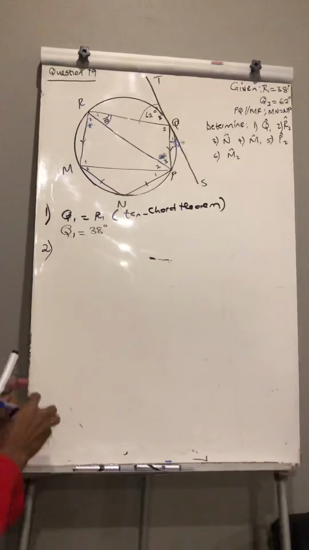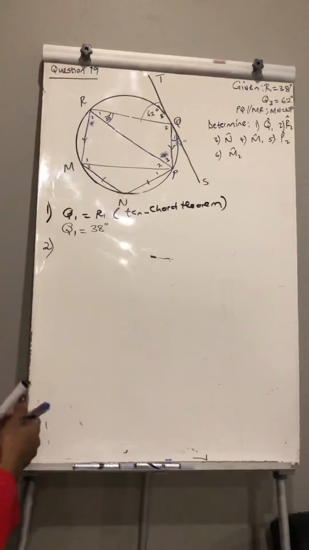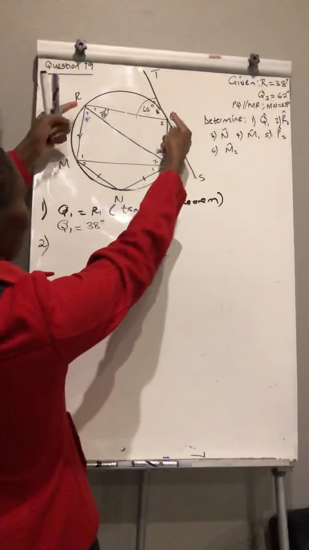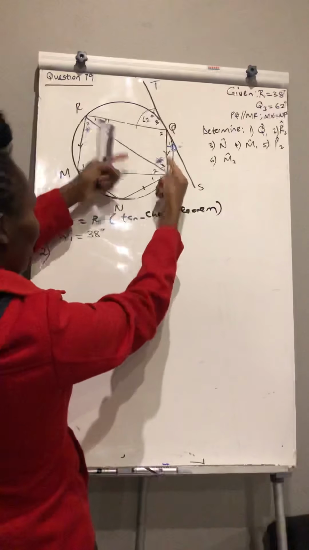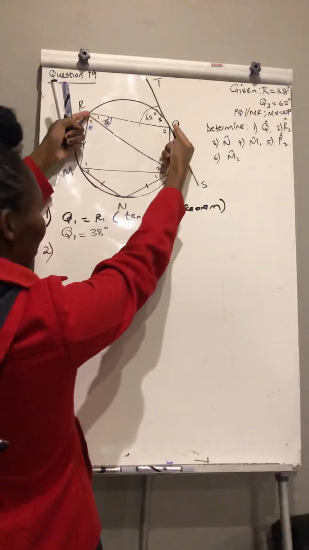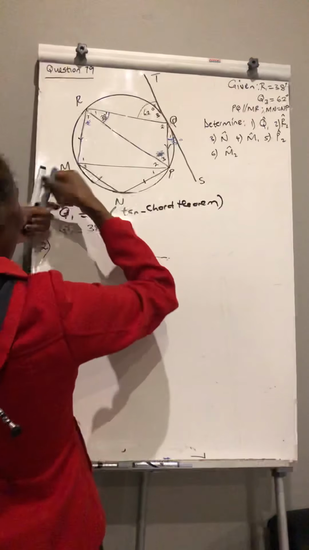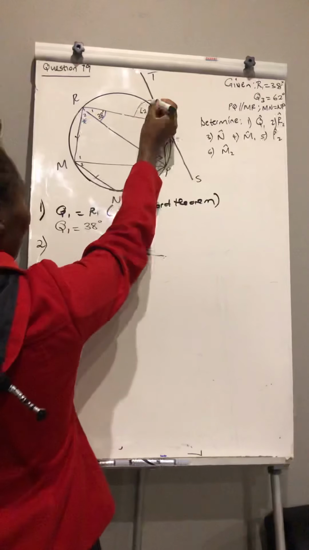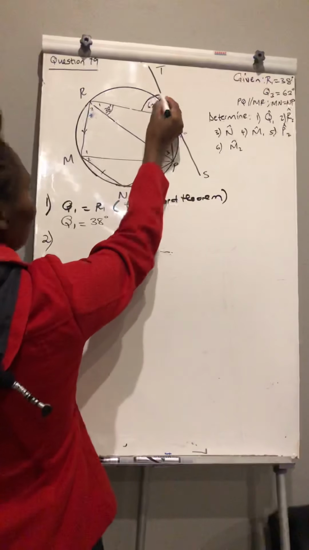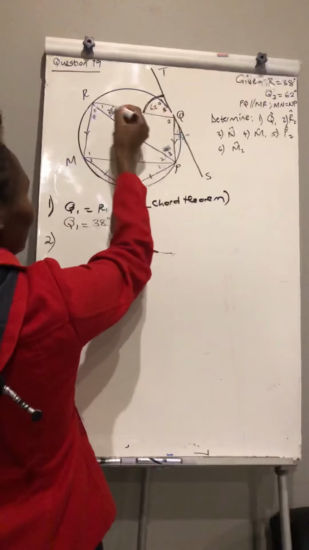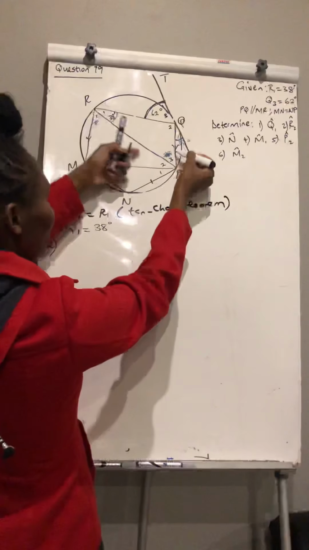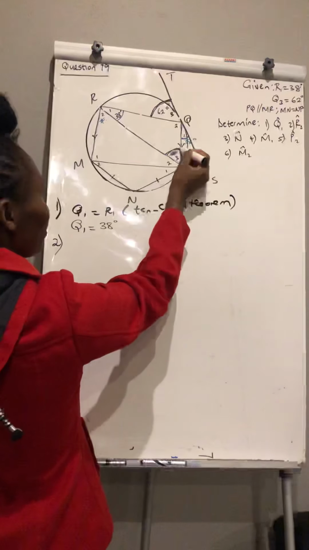That should work. And from what we know, this angle P3 is subtended by RQ. And RQ happens to be a chord, and there is an angle between that tangent and this chord. So this angle right here should then be equal to this angle P3 here.